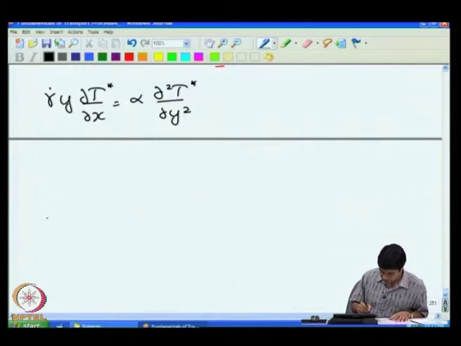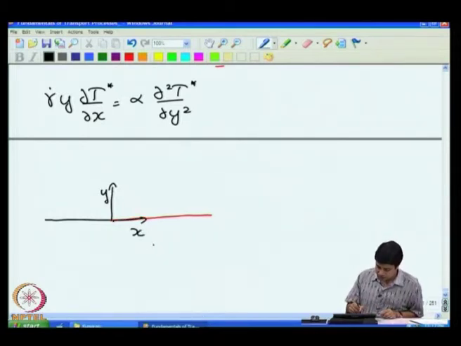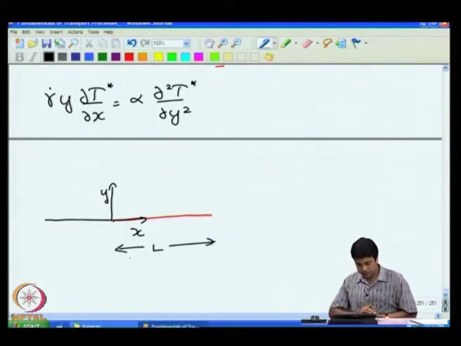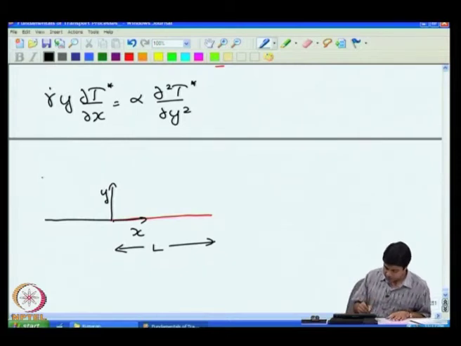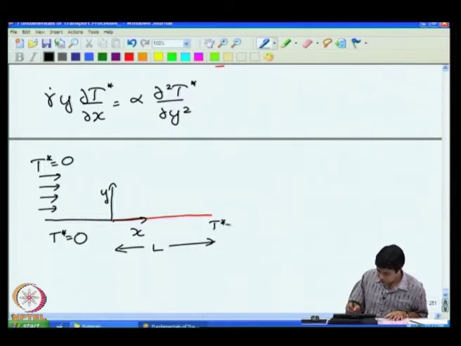Okay. So, I have this section, and then I have a heated section here. So, this is y, this is x, and this heated section has some length L. The flow is incident on this heated section. So, T is equal to T naught here, or T star is equal to 0, T star is equal to 0, and T star is equal to 1.